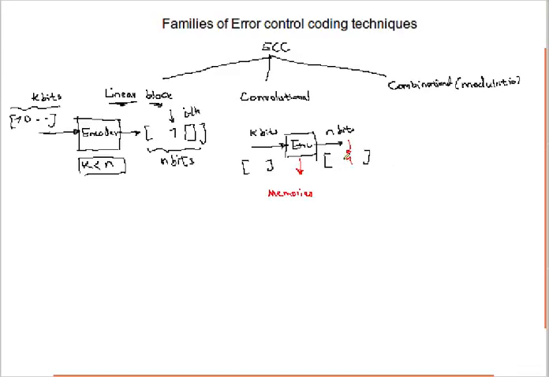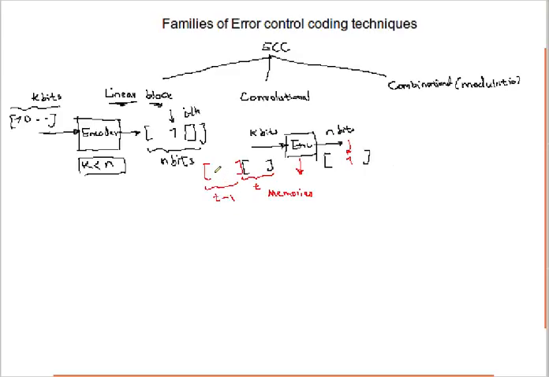So in addition to a combination of k bits, you have some effect from the previous k bits. Imagine it's time instance t, and there is instance t minus 1.